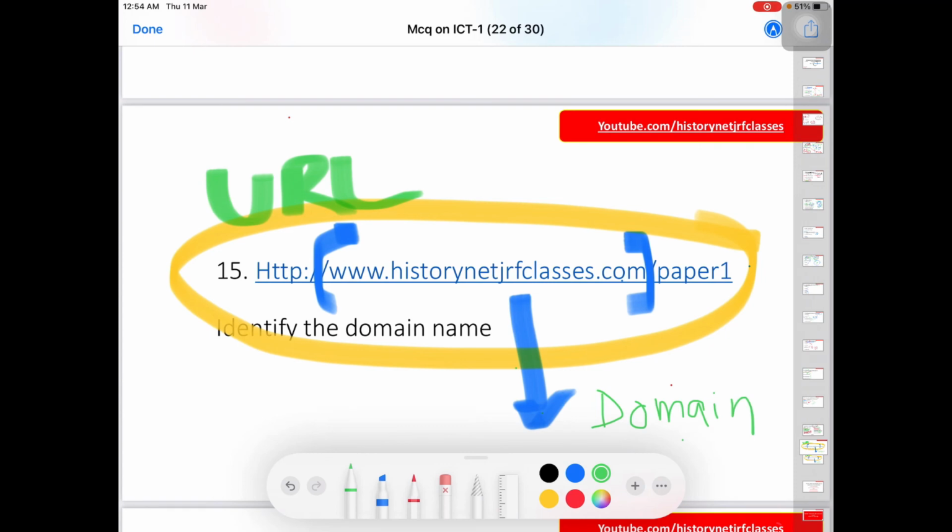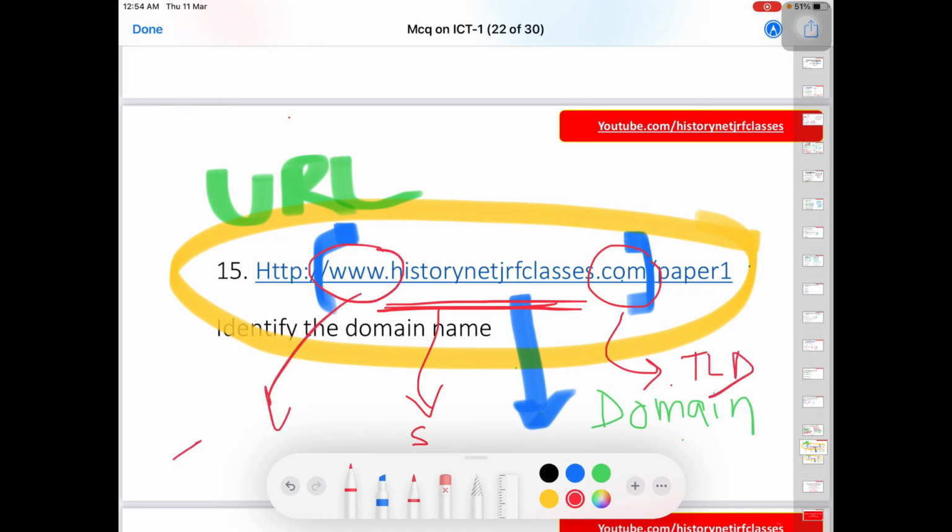The middle one is known as second level domain. This .com is known as top level domain, and this www is known as third level or sub level domain. So this is the domain name.